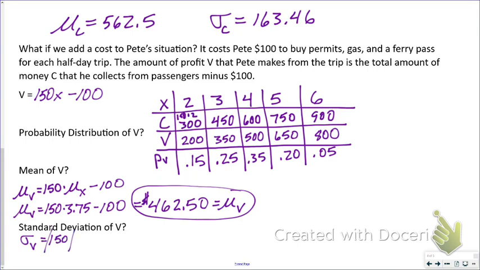So all I need to do is take my answer from the last page and copy it down. It is 150 times 1.0897, which was 163.46.